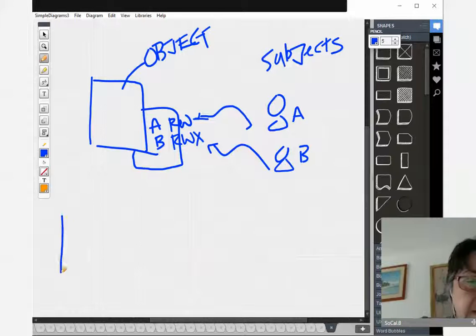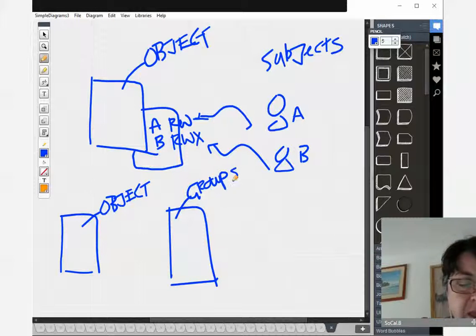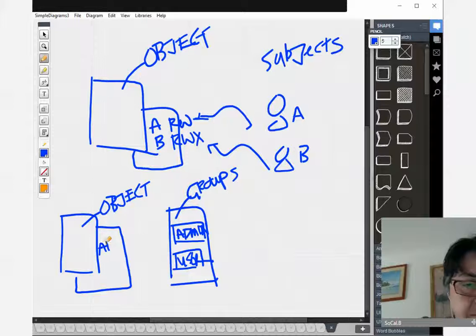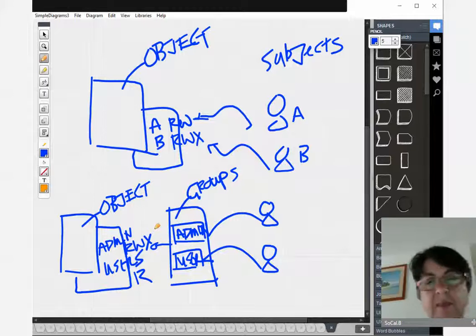So then you say, okay, let's move the object out. Let's create something called groups. Okay, and you have roles like admin and maybe user, and they will have, this says admins, read write and execute, users, read, okay, and then you have people belonging to these groups, and then they access the object, right?